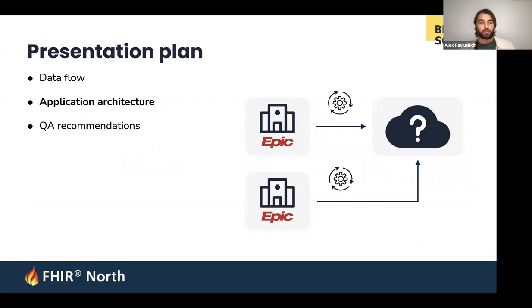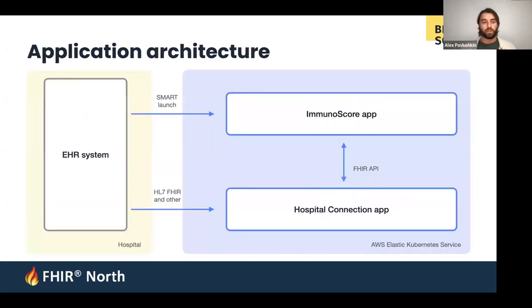Let's discuss the application architecture. So we have an external EHR system and we have our applications. We split logic between two applications for one main reason. We would like to reduce the scope of the core application that calculates the risk and renders the results in a dashboard, because we would like to reduce the scope of features we need to test and provide as features for FDA approval.